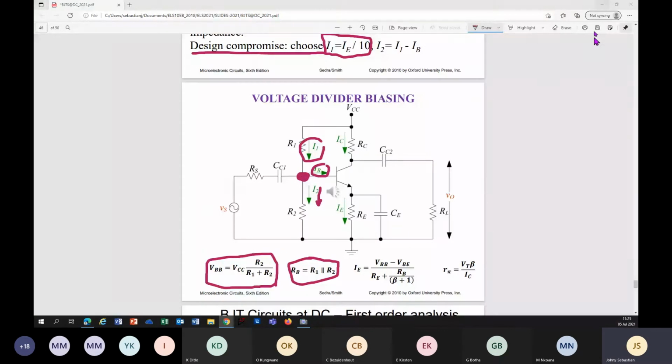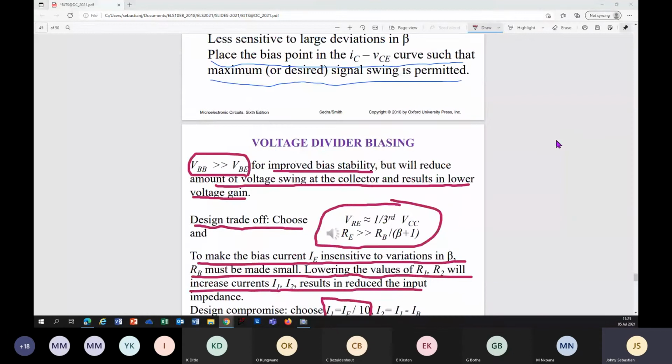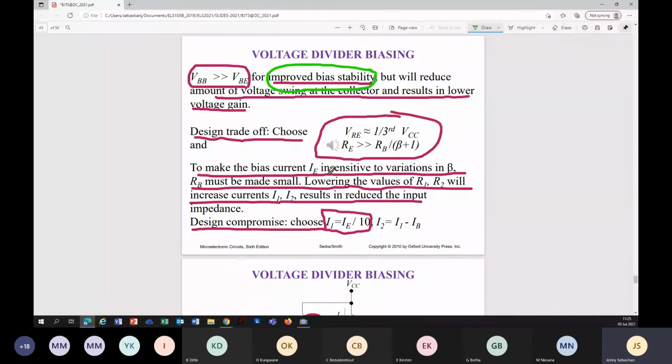What are they? We have improved bias stability. That is, once you set it up, it is going to remain like that. And we have bias current insensitive to variations in beta.